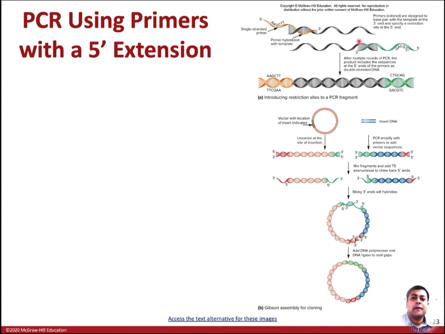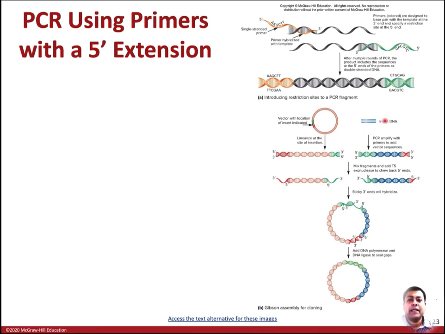This is one product. Daniel Gibson actually took this to another level, and introduced what is called seamless cloning. So here what you do is you take a vector, and suppose you have an area which is green and red, and you want to introduce your DNA in between that red and green sequence.